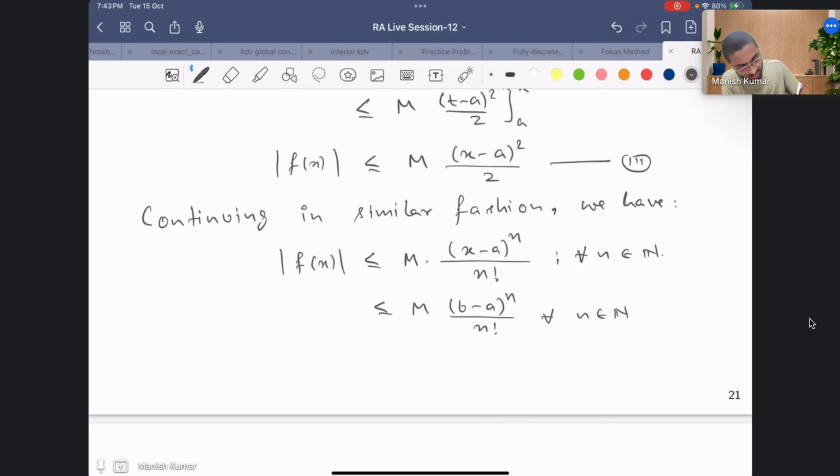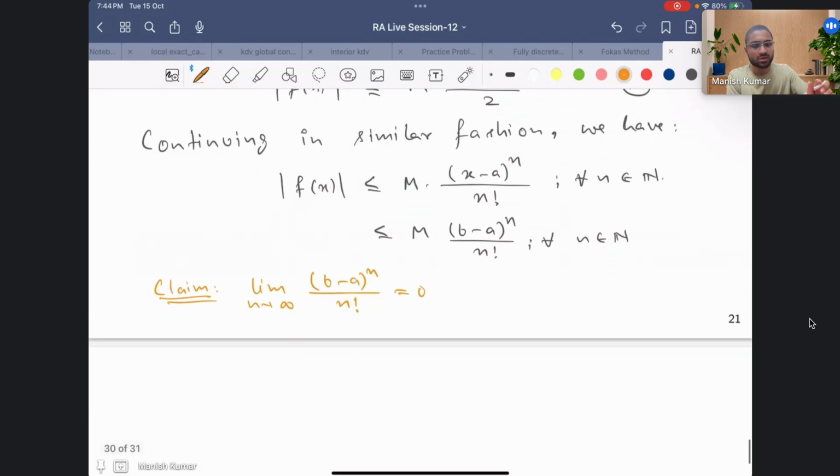Now my claim is that this term on the right, the limit as n goes to infinity of (b minus a) raised to the power n upon factorial n, is 0. Suppose I am able to prove it; I'll prove it although.